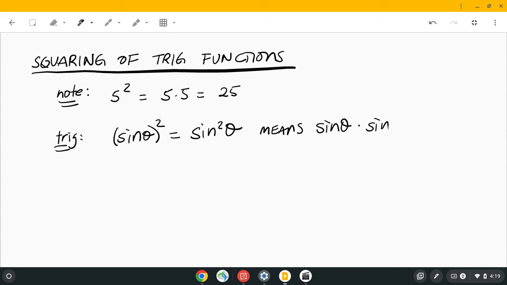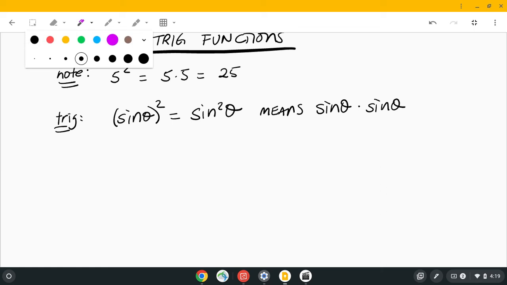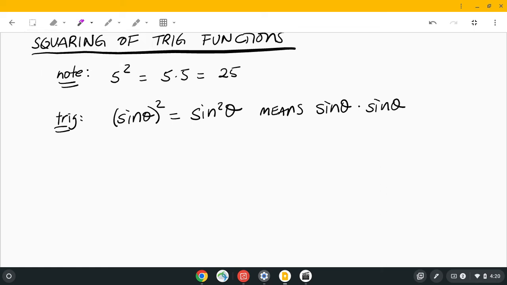That goes for all the different trig functions. I'm not going to write that notation for all of them, but this is the notation that we use.